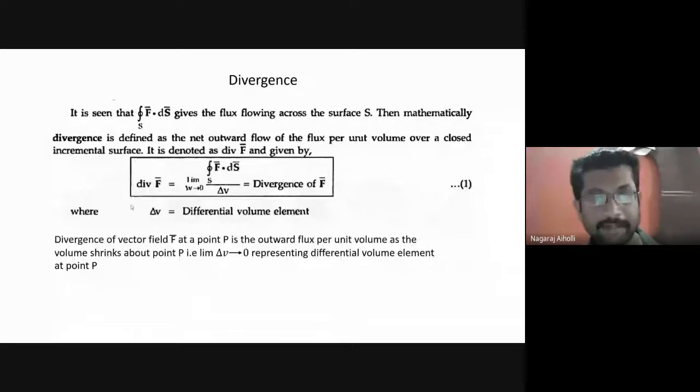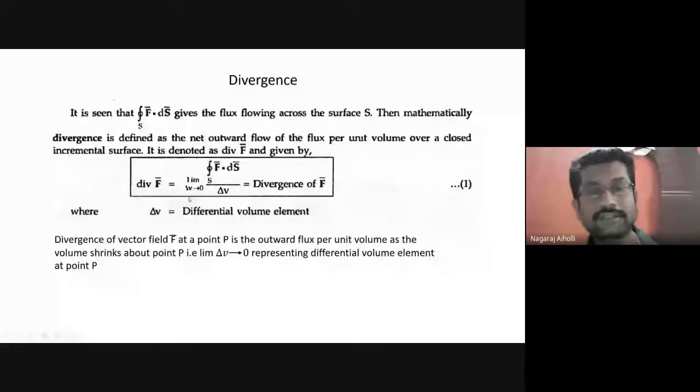Divergence of the vector field F bar at a point P is the outward flux per unit volume as the volume shrinks about point P, that is, as delta V tends to 0. Delta V is the differential volume element at the point P.